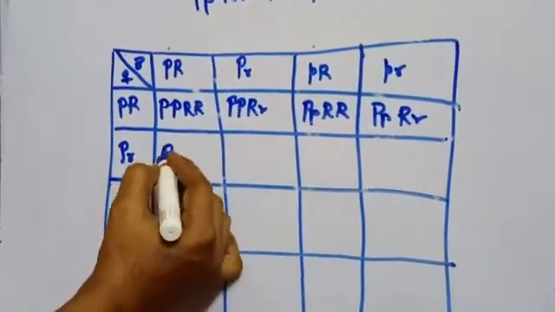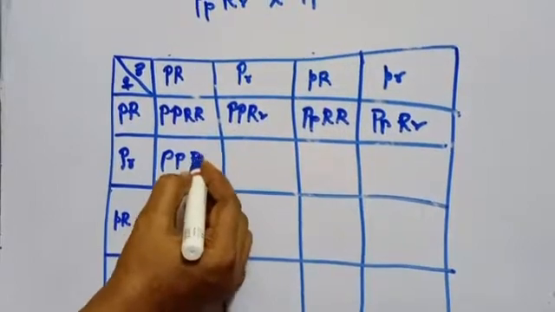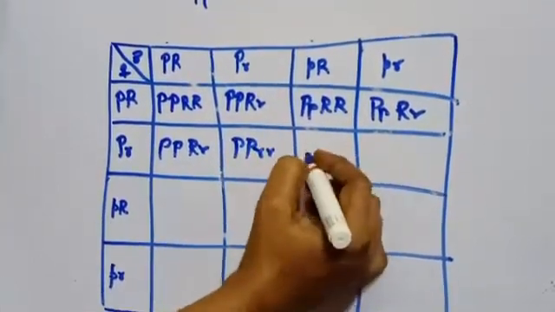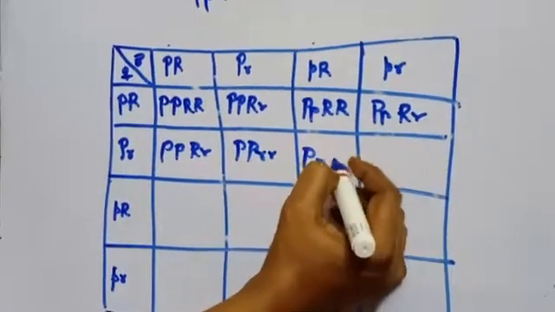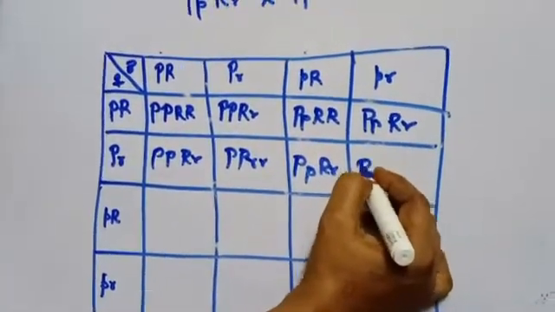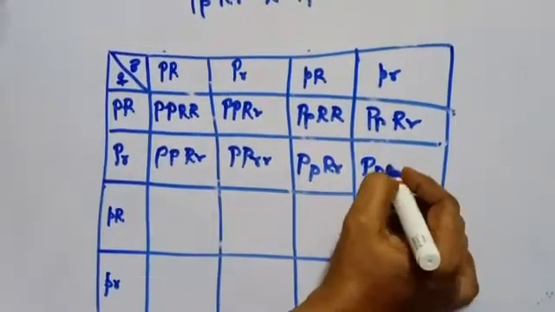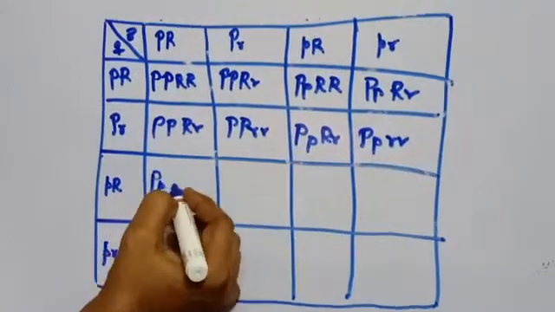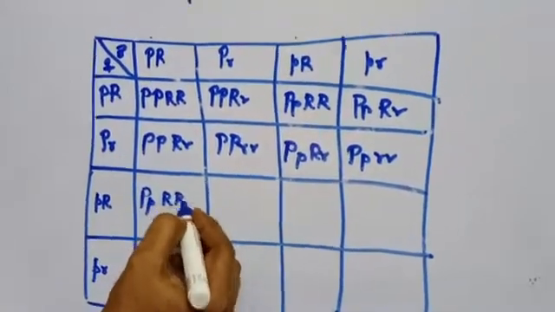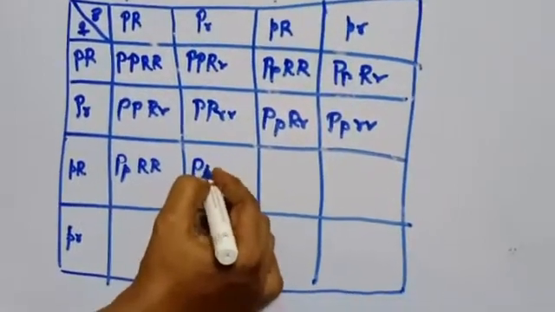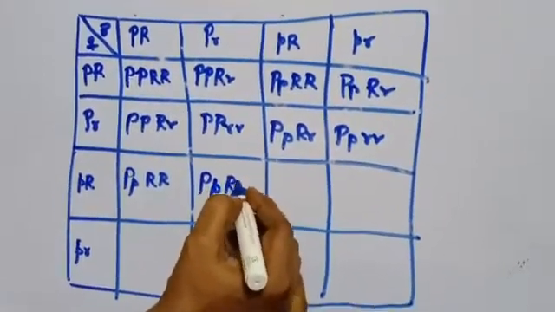Then capital P, capital P, small r, small r. Capital P, small p, capital R, small r. Then capital P, small p, small r, small r. Then capital P, small p, capital R, capital R, and capital P, small p, capital R, small r.